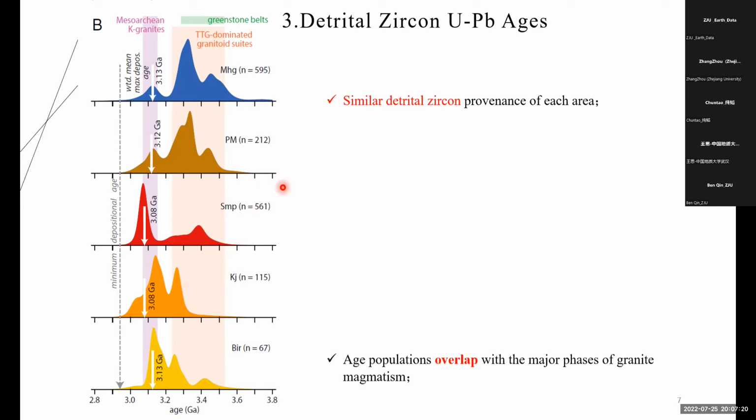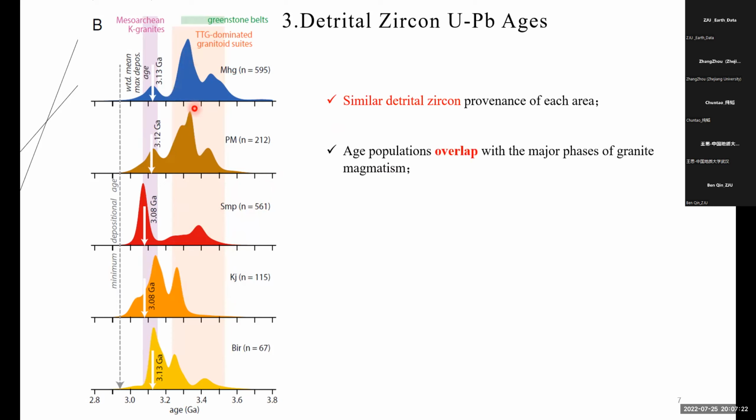And this age population overlaps with major phases of the granite magmatism of this craton, for example, the TTG and the potassium granite magmatism. It means that this granite magmatism provided the source material to this detrital zircon.